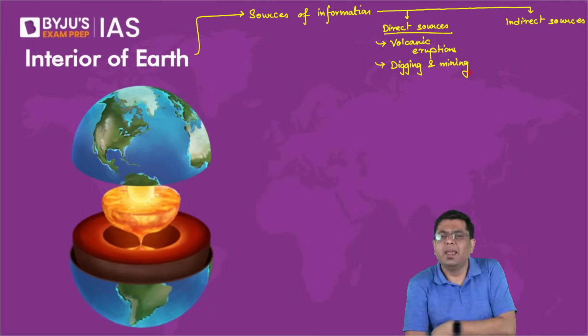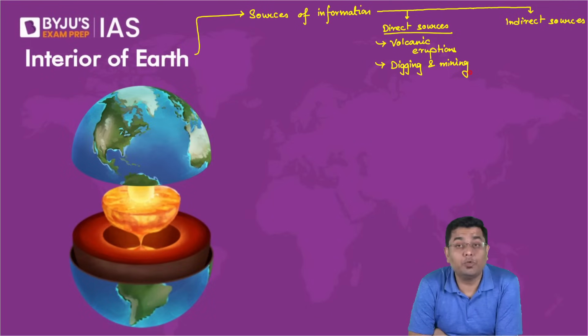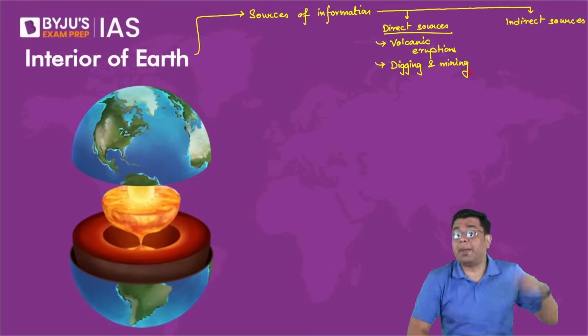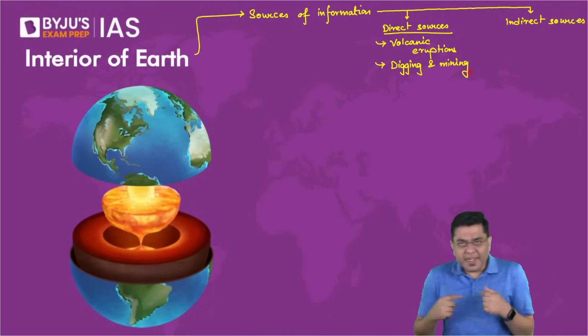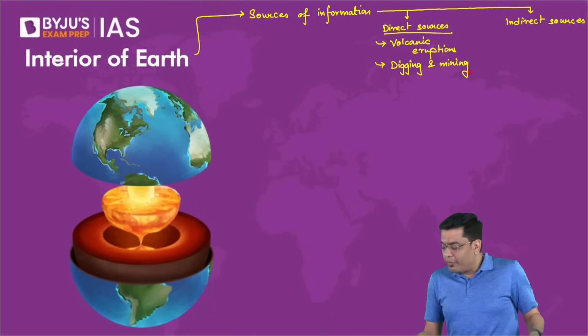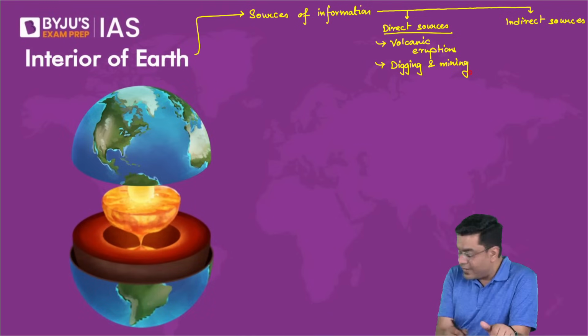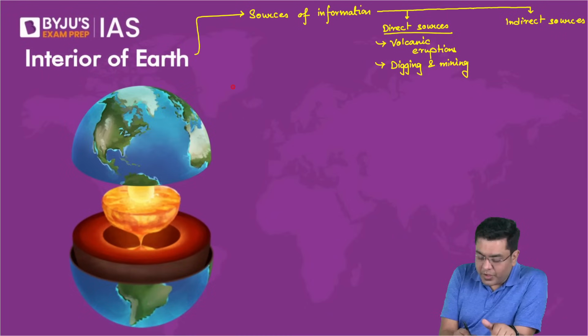But nonetheless, at those depths, we get an idea about how the temperature tends to increase. And we do know that as we go into the depth of the planet, the temperature would increase. And why is that? That is because of residual heat, which has been trapped ever since the formation. So this increase in temperature with depth, that is what is also referred to as the geothermal gradient.